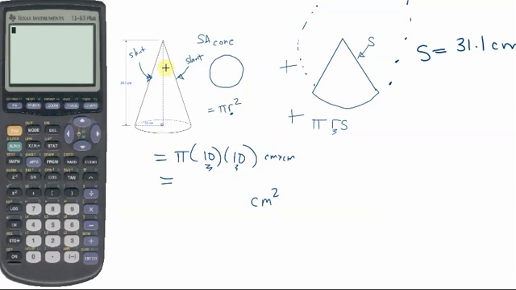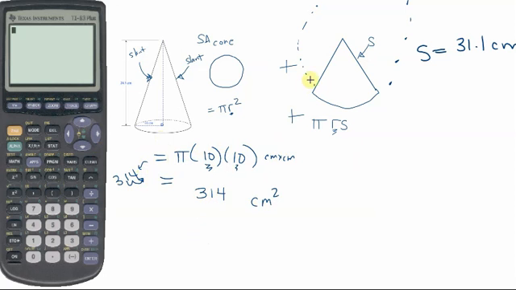Now, mentally, I know that pi is roughly 3.14, and 10 times 10 is 100, so I can say it's approximately 314 centimeters squared. If you don't believe me, use your calculator.